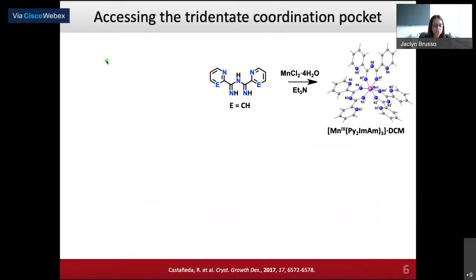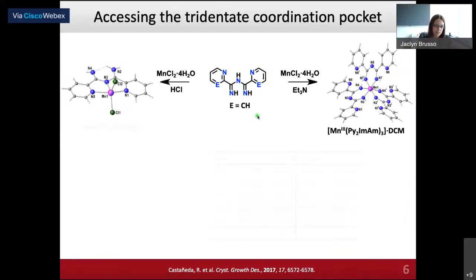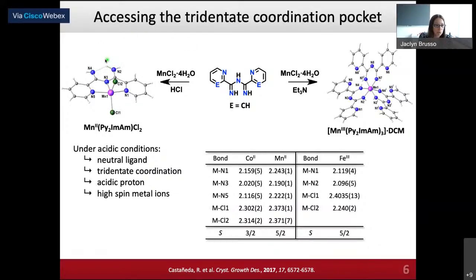And so then we wanted to access coordination in the terpyridine-like pocket. Here, we ran the reactions under acidic conditions, as that leads to protonation of the imine nitrogen atoms, which blocks coordination in that site and facilitates coordination to the terpyridine-like pocket.